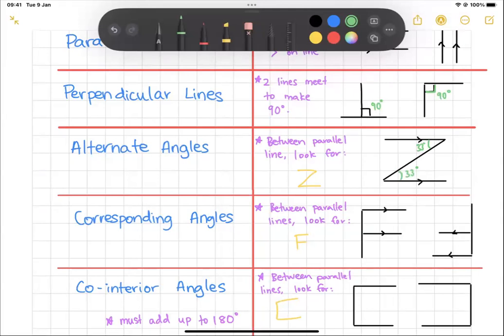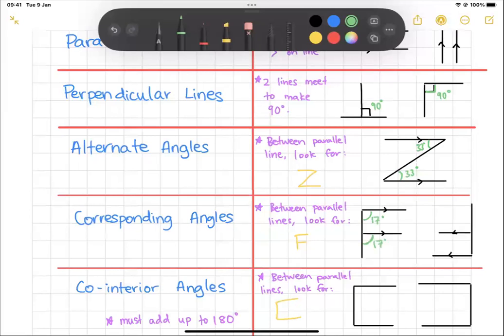The next one is corresponding angles. Again, must be between parallel lines. What I need to look for is an F shape, right? It can be a slanted F shape or whatever. Corresponding angles are basically, if I have this angle 17 here, the corresponding angle to that would be right underneath.